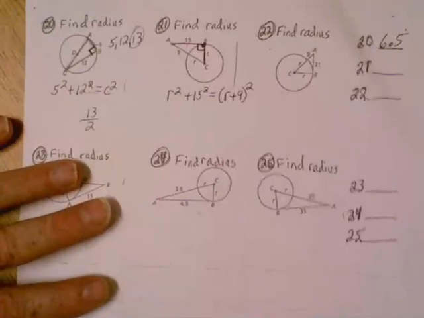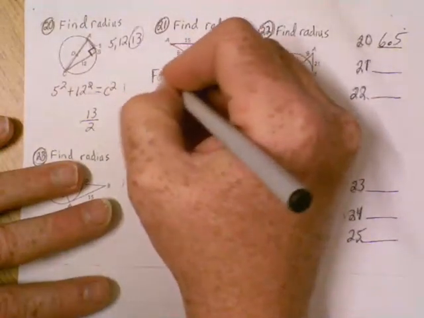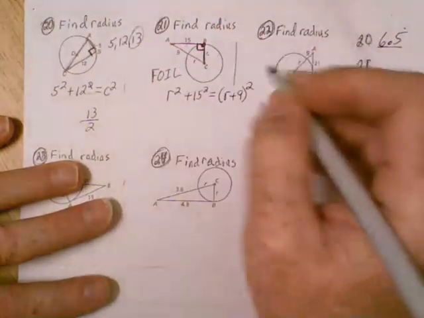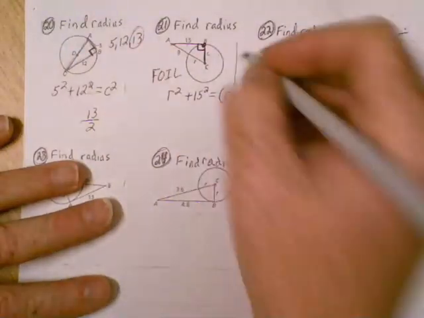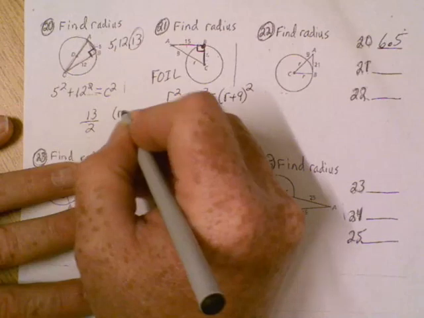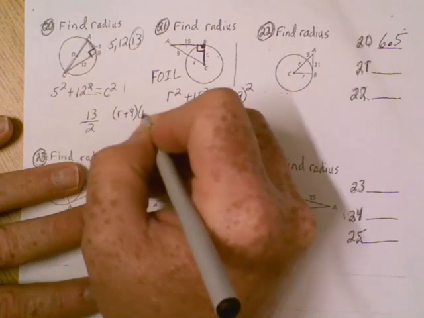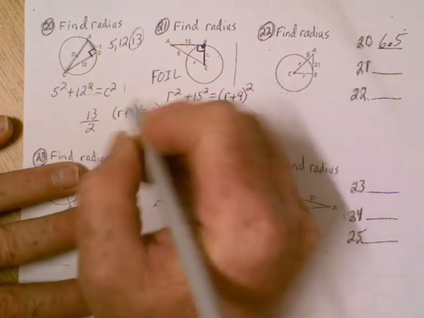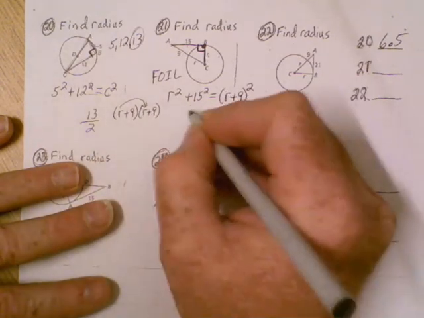To square that whole thing, we got to do FOIL. First, inner, outer, and last. So let's see, I'm going to write it over here. It's r plus 9 times r plus 9. R times r is r squared.